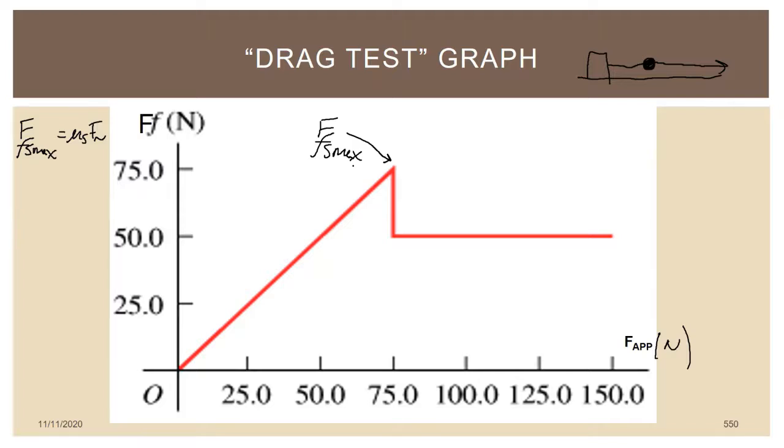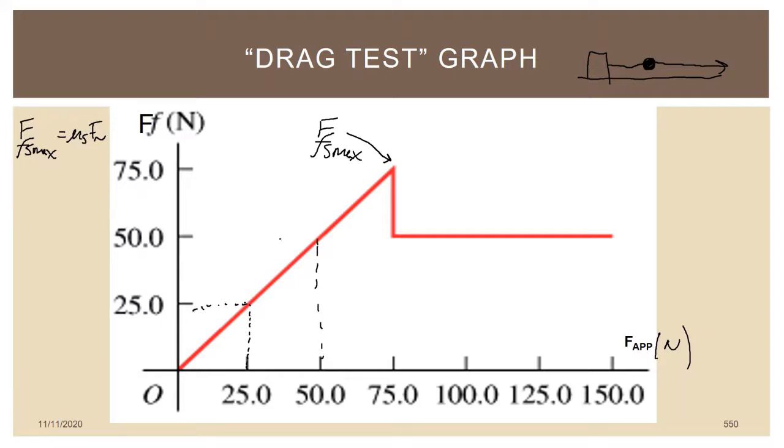So how are we supposed to understand this graph? Well, when you apply 25 newtons, since the static friction force maximum is 75, that's not enough to make the object move. So the friction force will be 25 newtons, which is equal, because the net force is going to be 0 because the object is not moving. What if you apply 50 newtons of force?